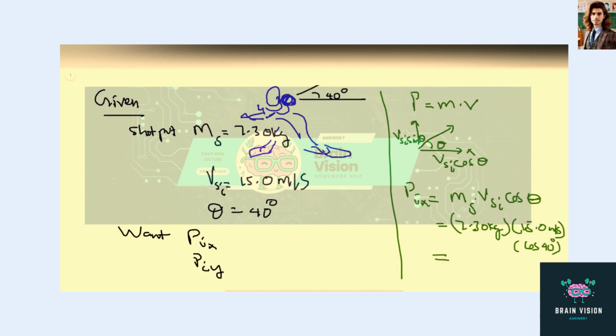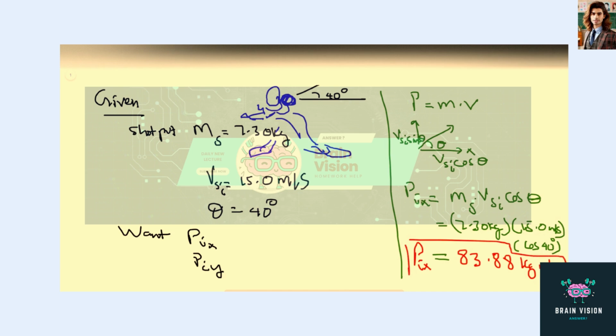So when you plug in those numbers, you get 7.3 times 15 times cosine of 40, and we end up with P initial in the x of 83.88 kilogram meters per second.